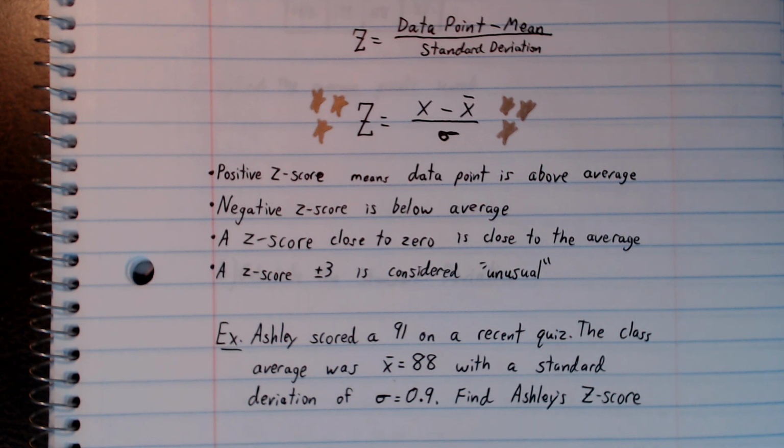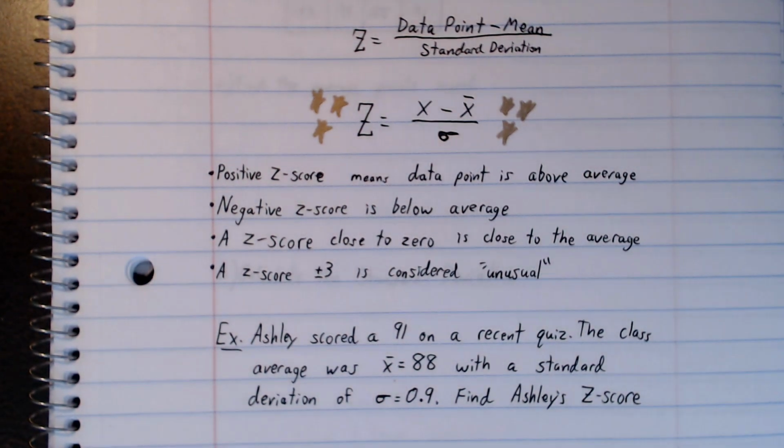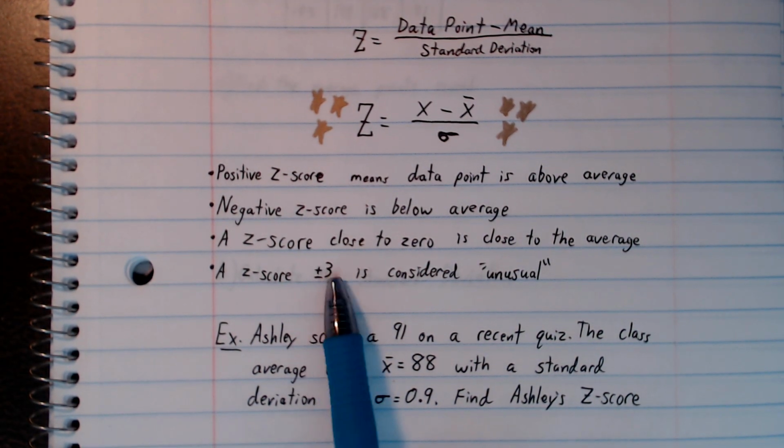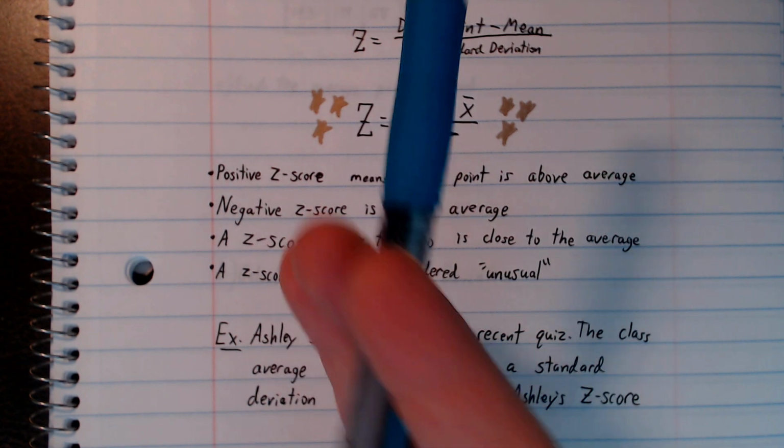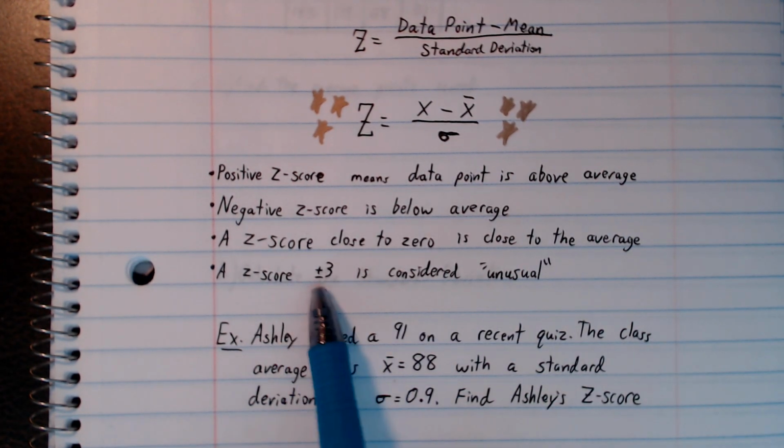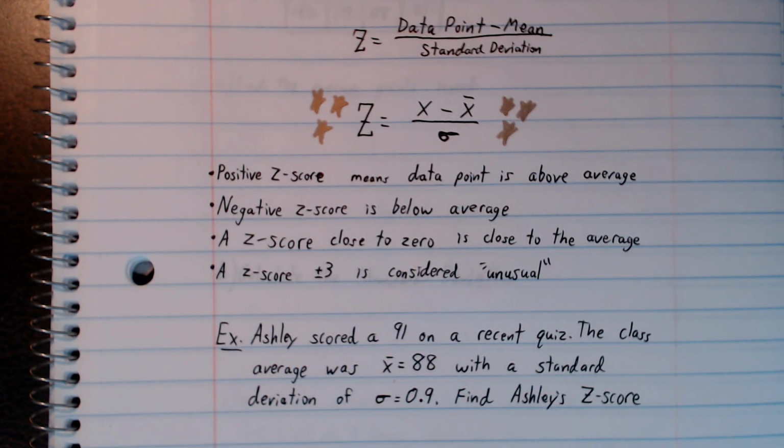And there were only 3 on both sides, and anything that was past those was considered unusual. So it makes sense that we would be getting the same kind of thing. How far away? This is just basically giving us a different way of looking at that scale.